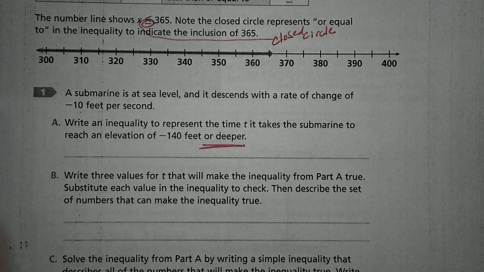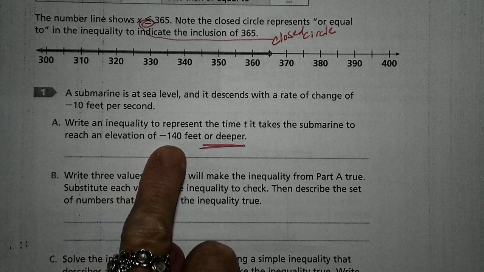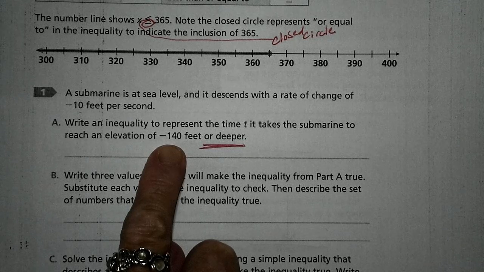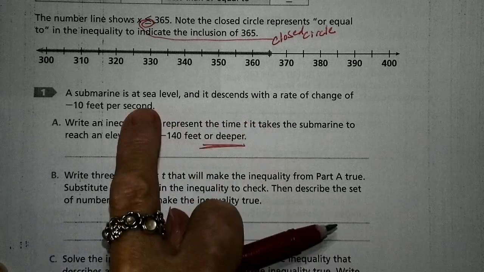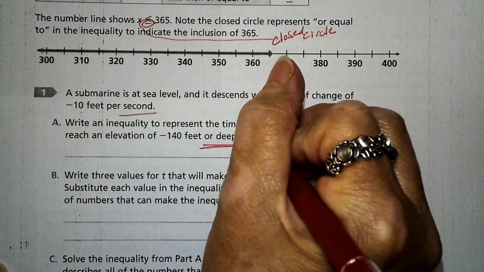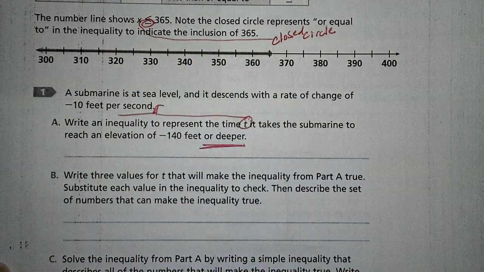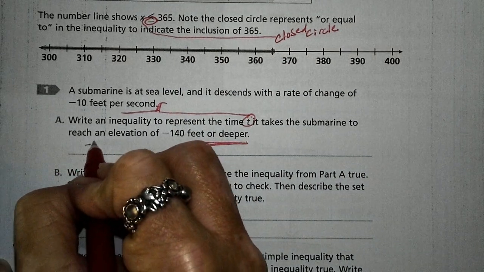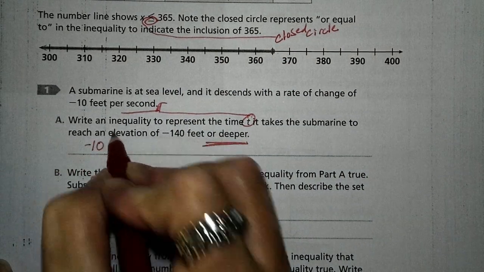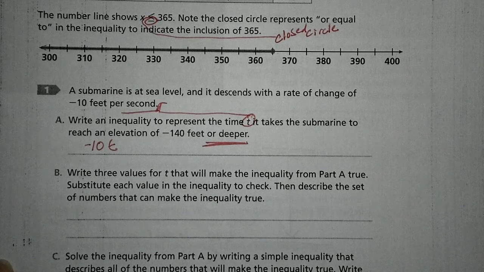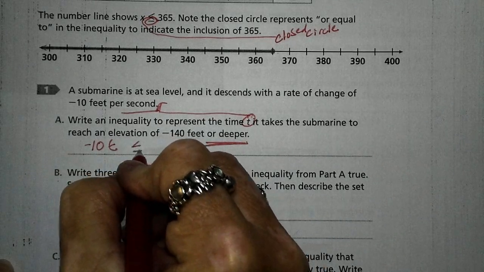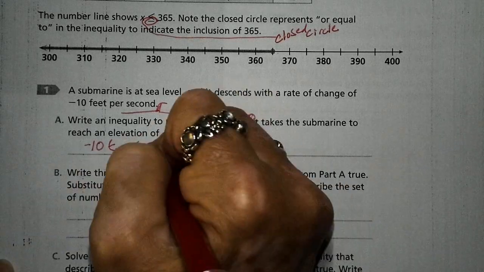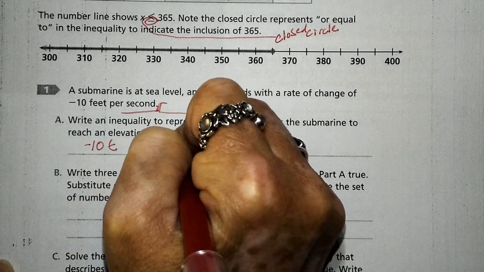Okay? So negative 10 per second. So we're going to let this per second equal t. Okay? So negative 10t is less than or equal to negative 140.